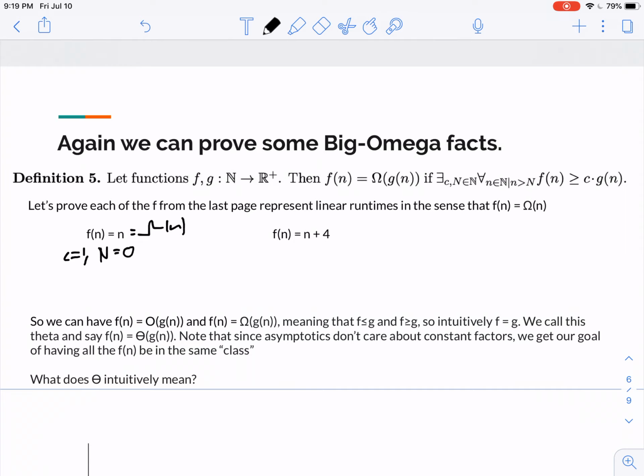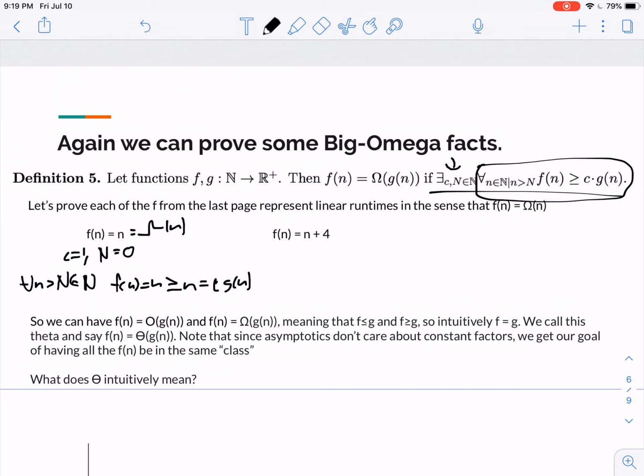Then for any n greater than big N in the natural numbers, f of n equals n, which is greater than or equal to n, which is equal to c times g of n. And that's what we want to show here, right? We get to pick some c and big N, and then we want to show this part, which is exactly what we showed.